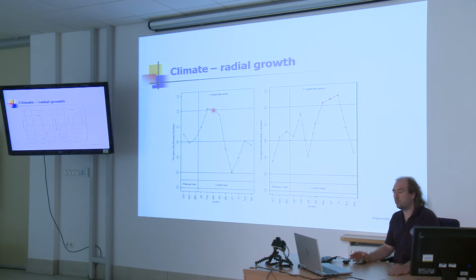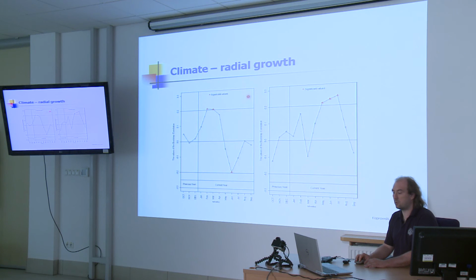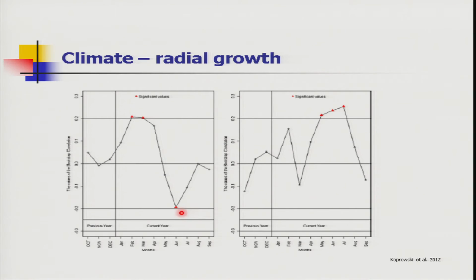So positive influence means that the warmer, the wider ring. Negative means that too much warmth, too much heat causes narrower ring.